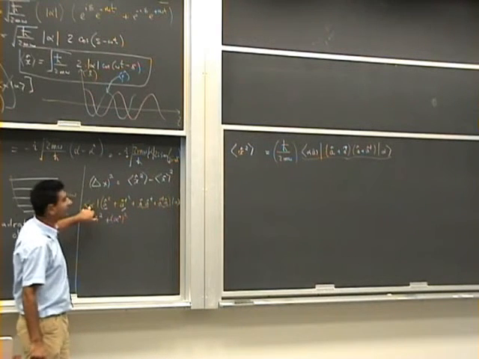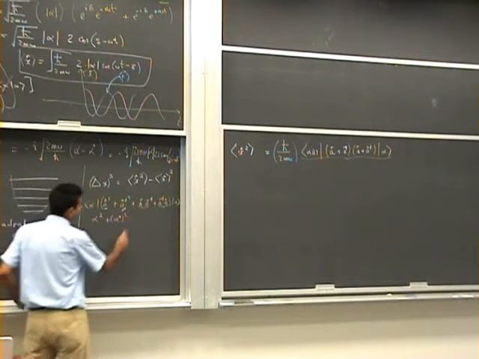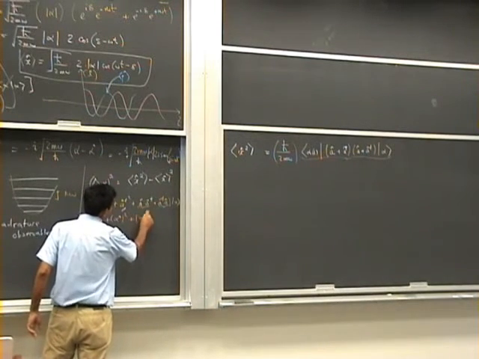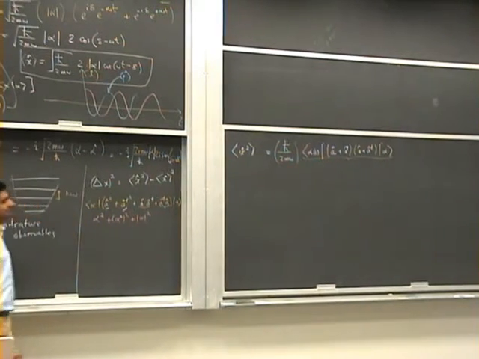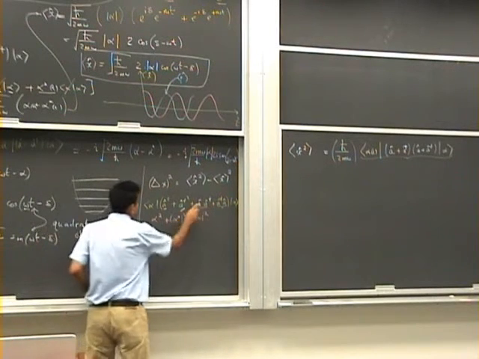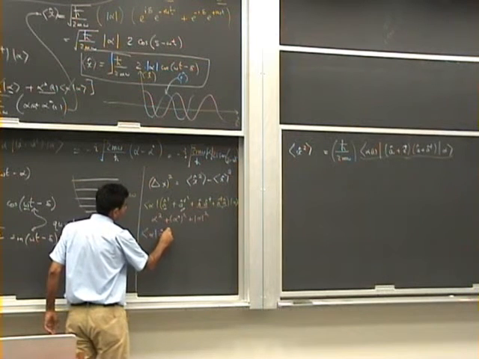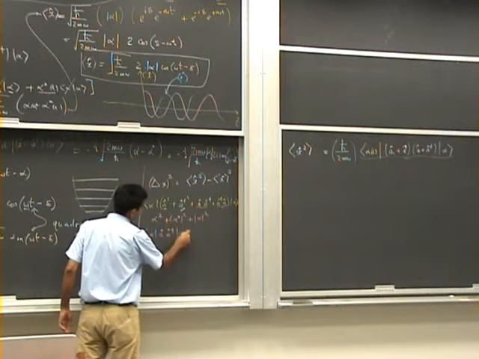A dagger acting on alpha gives me alpha complex conjugate. So I get an alpha modulus squared here. So let's look at this term: alpha, A dagger, alpha.